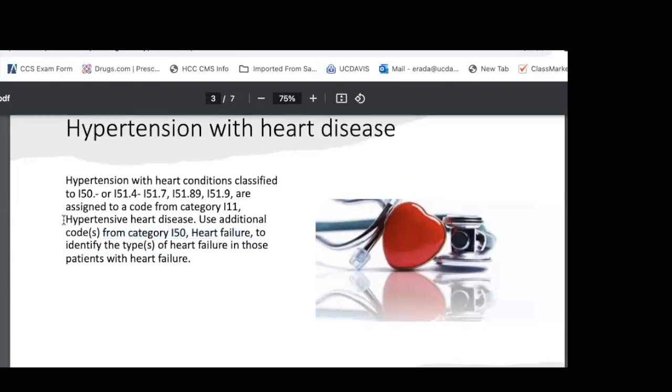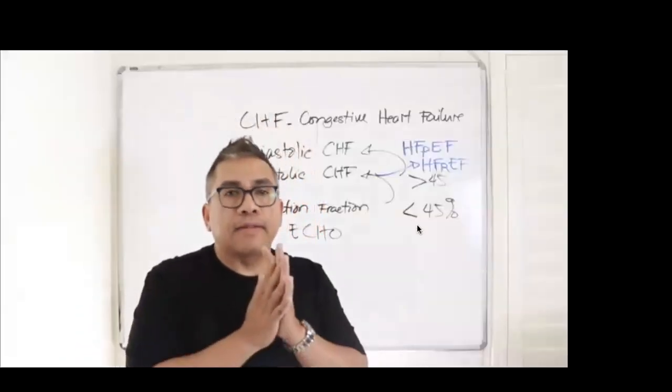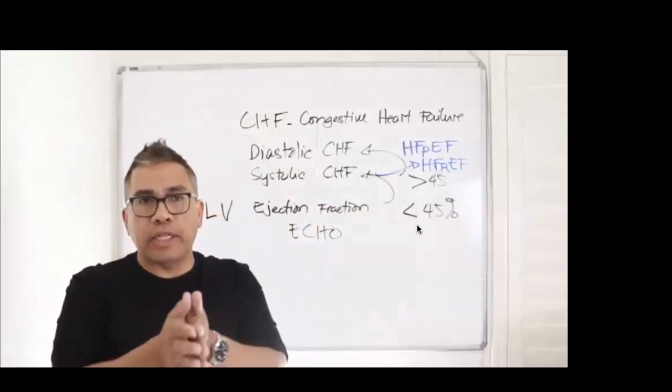This one right here says to assign a code from category I-11 hypertensive heart disease and use additional codes from category I-50 heart failure to identify the type of heart failure. There you go. Now what I just read makes sense. We already know that if it's not heart failure, we assign I-11.9, right?